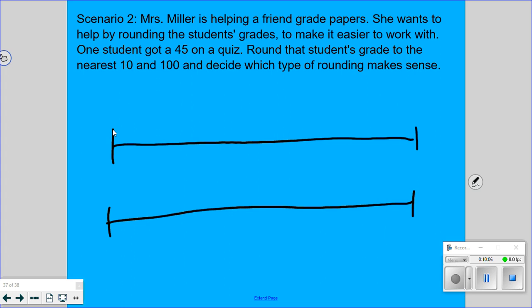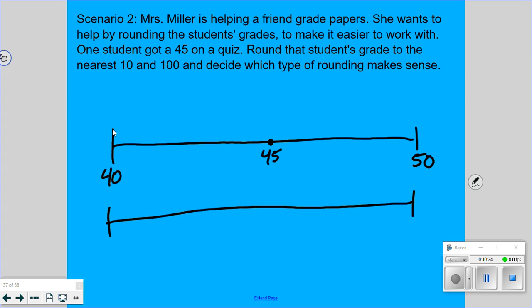What are going to be my endpoints for the nearest 10? I should see everybody's hands since most of you were done anyway. Macklin? 40 and 50. What's my midpoint, Rylan? Your midpoint is 45. Uh-oh.